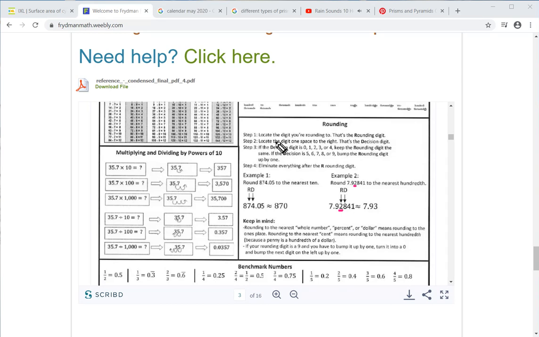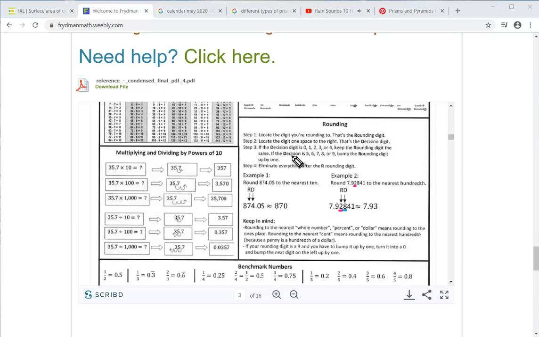Step 2 is to locate the digit 1 space to the right of the rounding digit, and that's what I call the decision digit, because that's the digit that we're going to look at to make our decision. The decision is whether we should bump this up 1 or keep it the same. So I put a D here. Step 3: if the decision digit is 0, 1, 2, 3, or 4, then we keep the rounding digit the same.